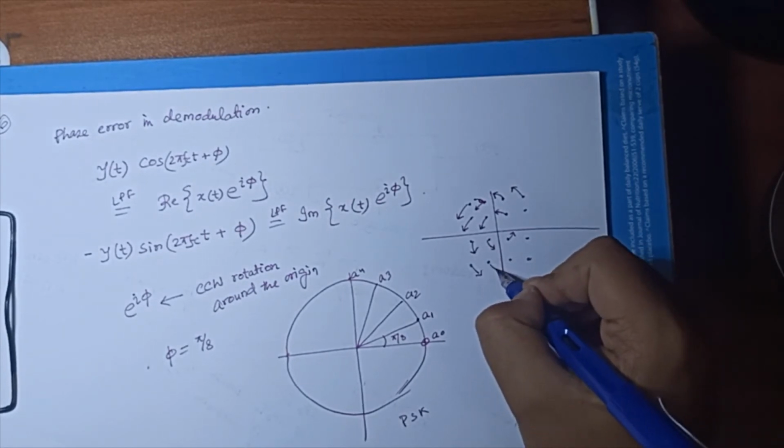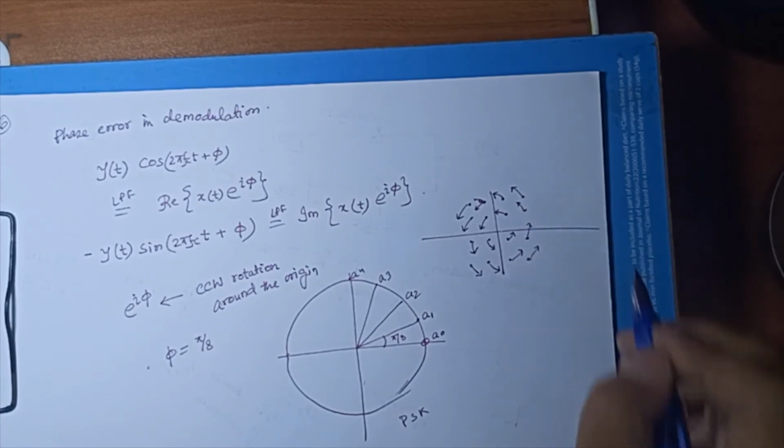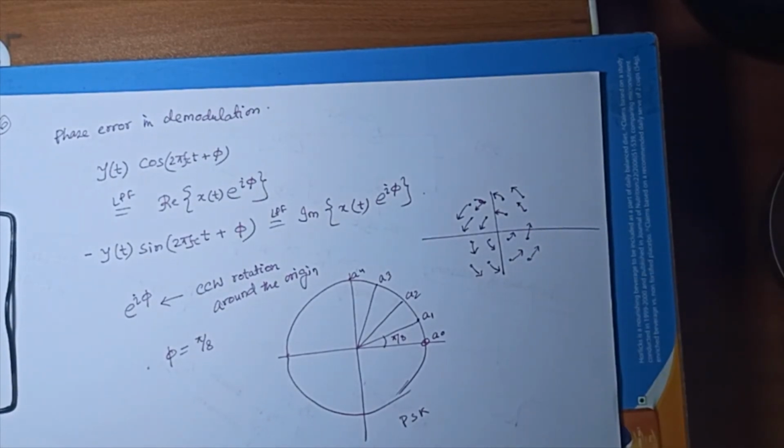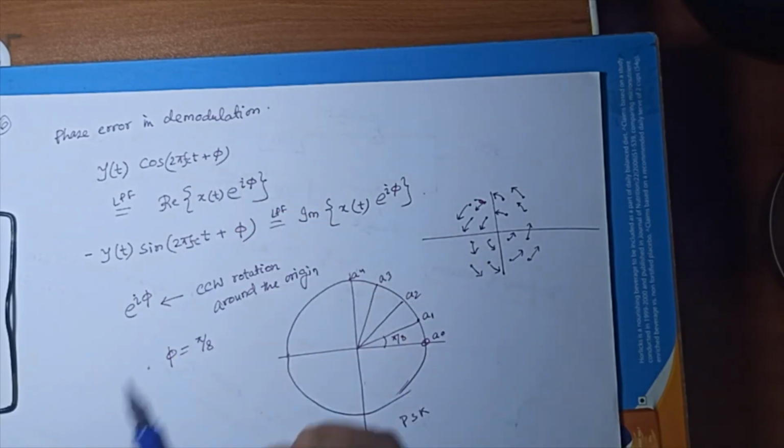The constellation we receive will not resemble anything that has been sent. So this is problematic. We have to know what the phase is. This phase has to be known correctly.